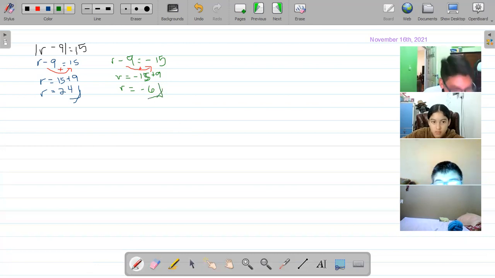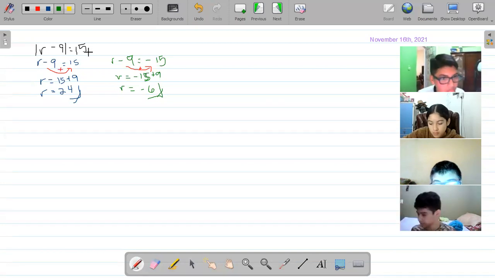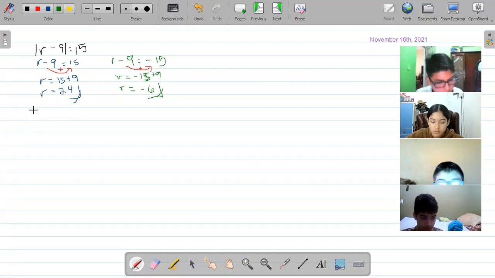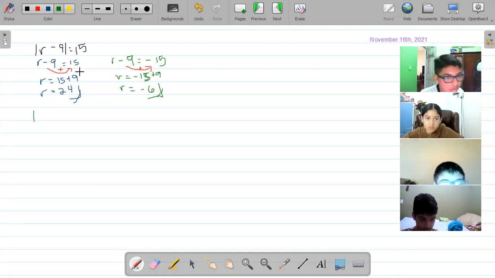Correct. Now, just to show you why b has to be greater than 0, why it has to be a positive number, okay? So we're going to see why. So if we use 24, this is just how we are going to check it, okay? This is just for you to understand why it is a positive number always.